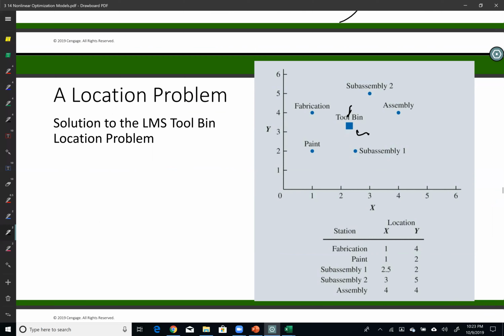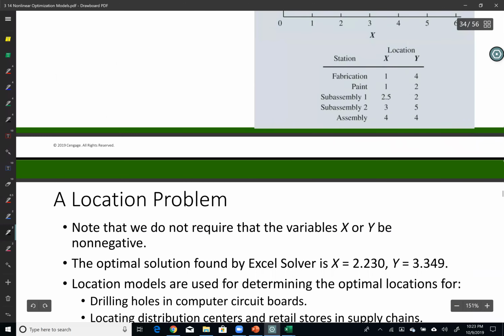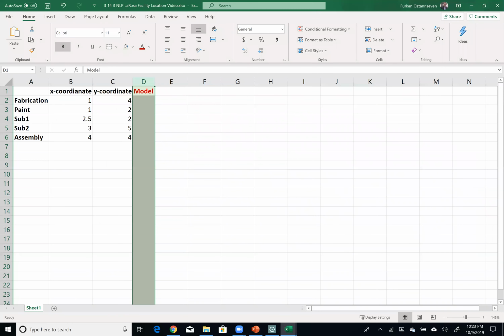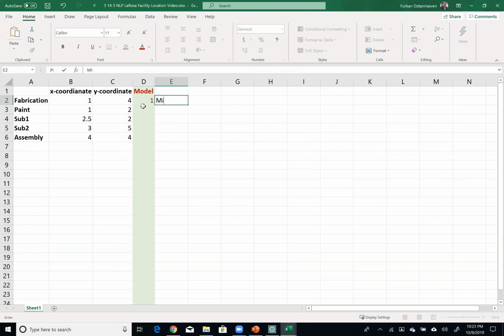We minimize distance. Okay, so I gave you the background information. Let's see whether we can solve this problem. I'll start with my objective function. The objective here is to minimize total distance.